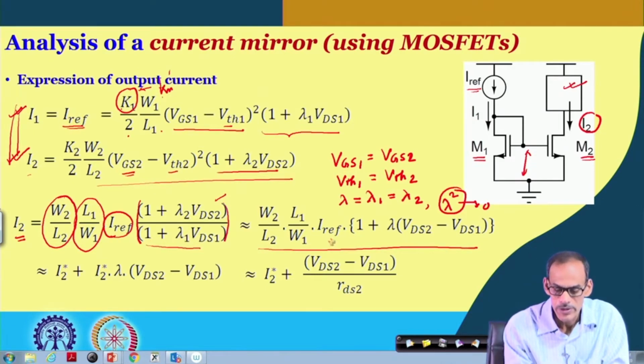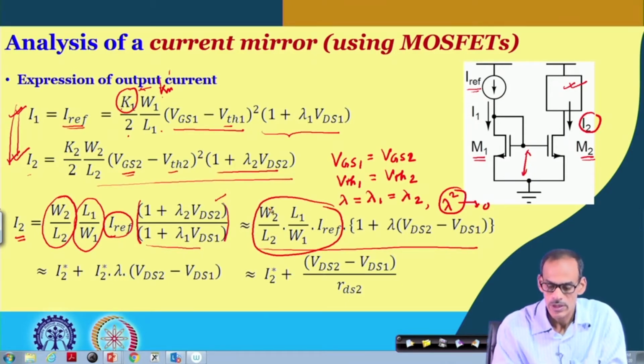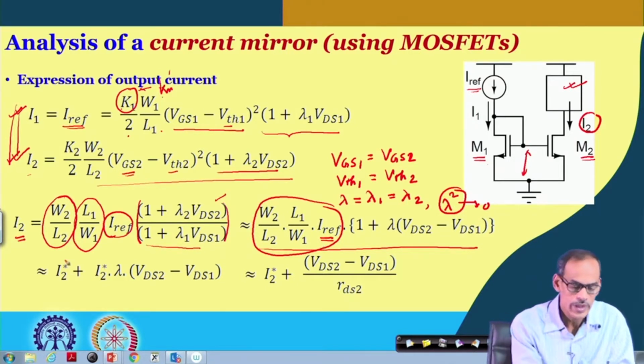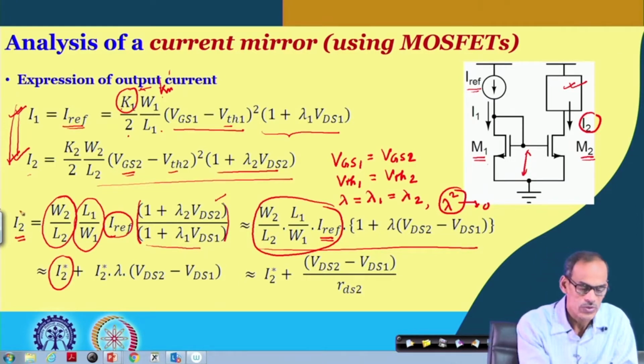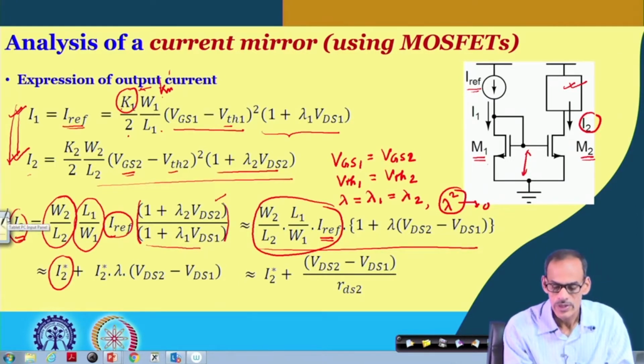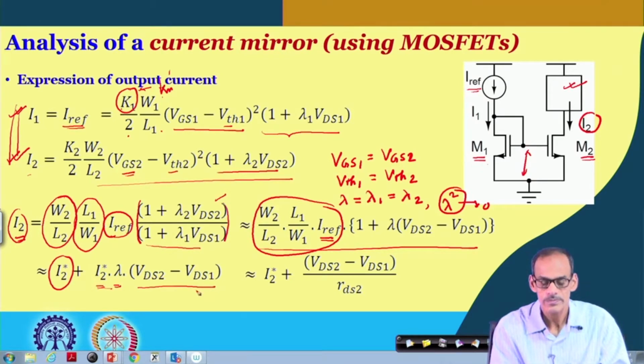Now, this part is defined by the aspect ratio of the two transistors and the reference current, and let me denote that by I 2 star, to indicate that it is the main or nominal part of the I 2 current. We also have the additional term, I 2 star multiplied by lambda into the VDS difference.